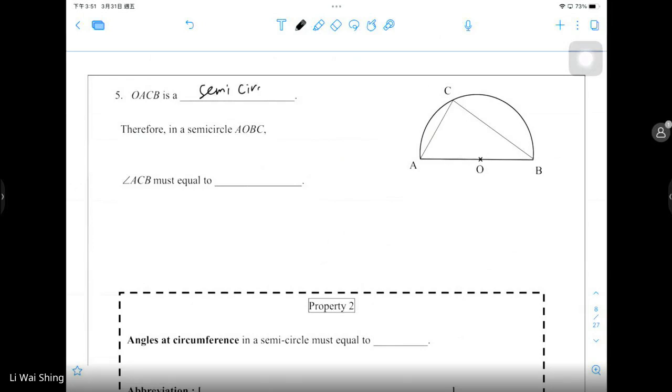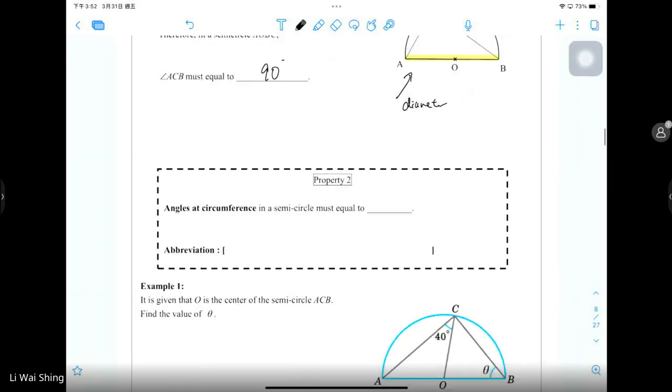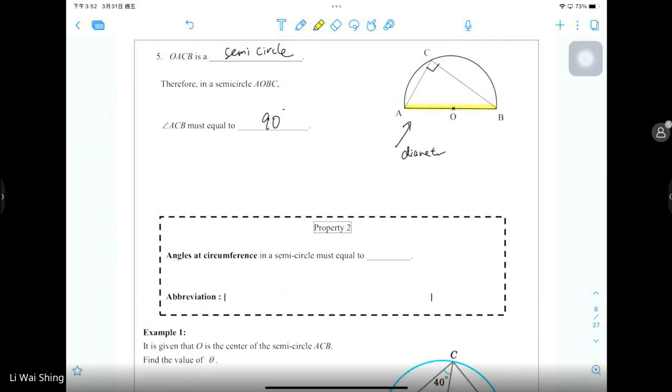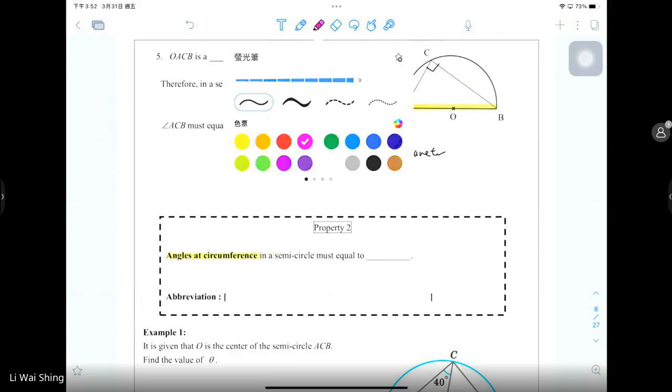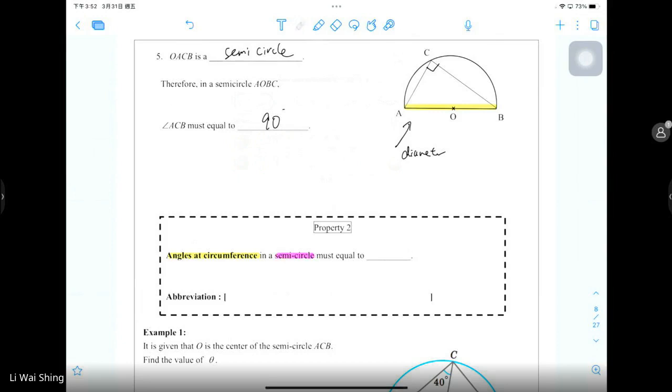Semicircle, right? If it is a semicircle, that means AB must be the diameter. If it is the diameter, how many degrees is ACB? 90 degree. So, you can highlight the second property. Angle at circumference in a semicircle must equal to 90 degree. The second reason: angles in semicircle.